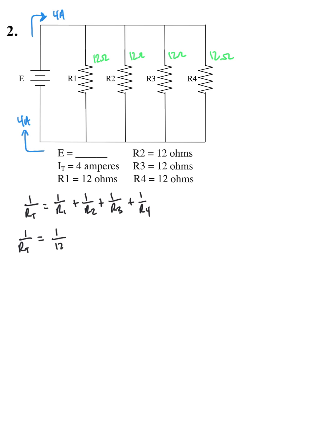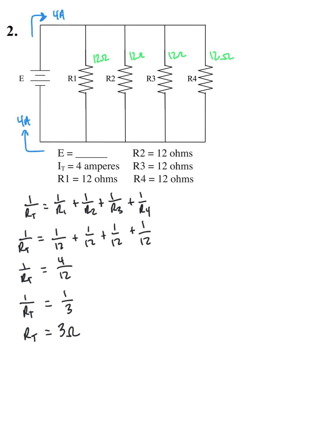And this will be 1/12 plus 1/12 plus 1/12 plus 1/12, which is going to be 4 twelfths, and then I'm going to reduce this to 1/3. Then we can flip this over, right? The inverse will end up being 3 ohms. So that's what our resistance total is.